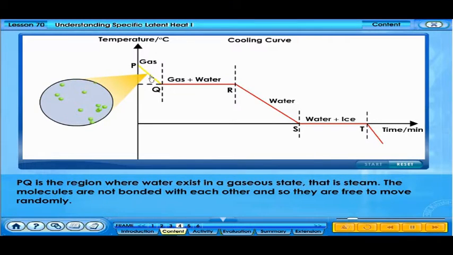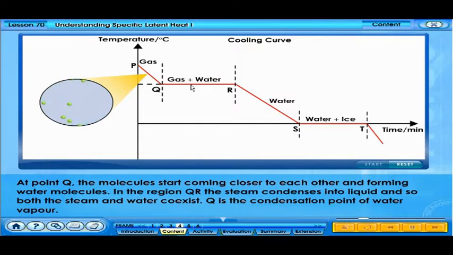PQ is the region where water exists in a gaseous state, that is steam. The molecules are not bonded with each other, and so they are free to move randomly. At point Q, the molecules start coming closer to each other and forming water molecules. In this region, both water and gas coexist.